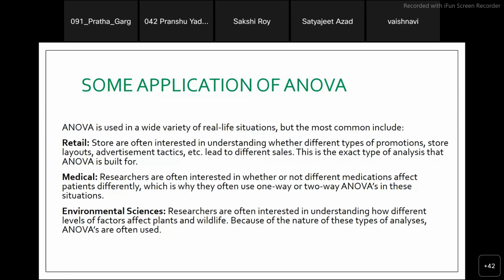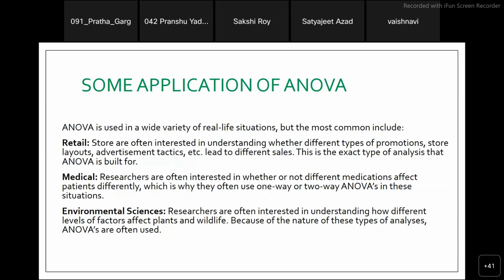And also their advertisement techniques, whether they should go for bigger billboards or focus on online marketing strategy, so that can lead to more sales. So they keep on running this ANOVA test on all.